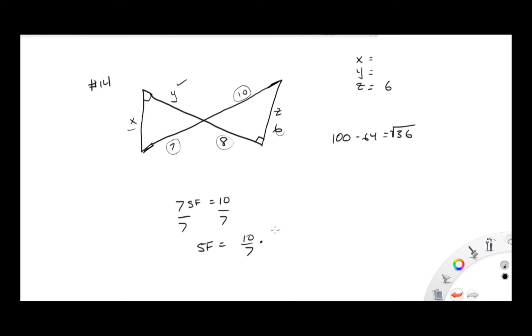So let's multiply it by 8. So that is 80 over 7. So y is 80 over 7. And then 10 over 7 times 6 over 1 equals 60 over 7. And that's what x will equal.